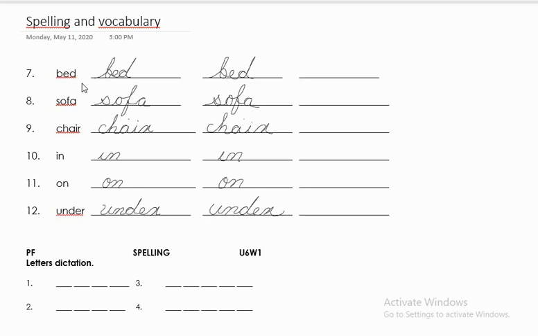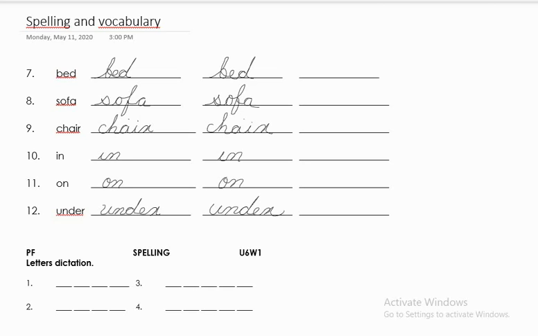Next we have in. In means inside a container, okay, or surrounded by something. On means something that is in a position above something else, okay? And under, something that is at a lower level, okay? Something that is at the lowest part. Okay, so don't forget to complete the third column.